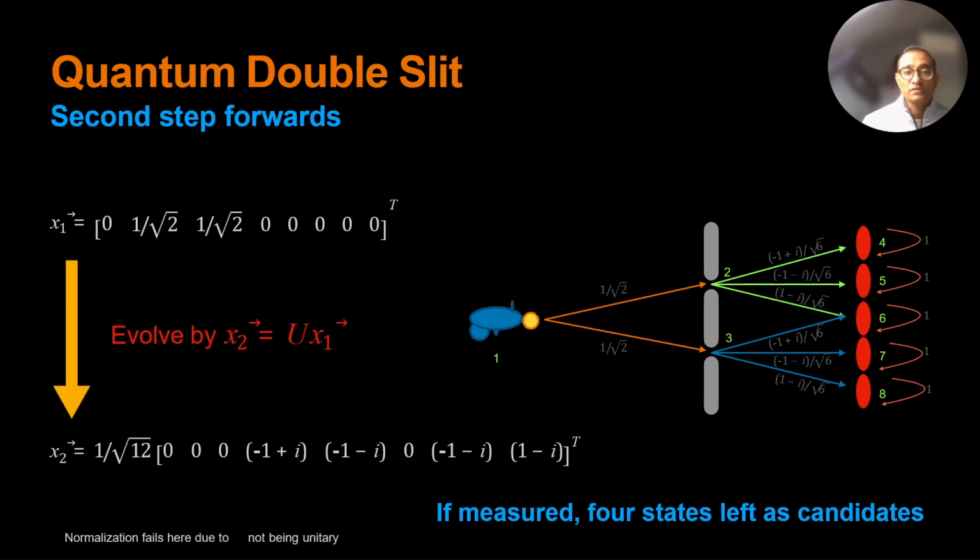And we evolve it further now, and that is where we're going to see something very interesting. If you recall, in the probability double slit at vertex 6, the probability distribution was the maximum, 1 by 3, compared to others that were either 0 or 1 by 6.